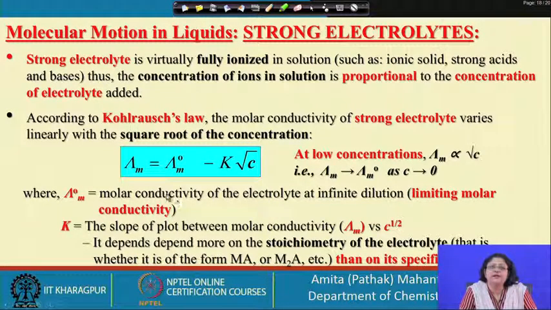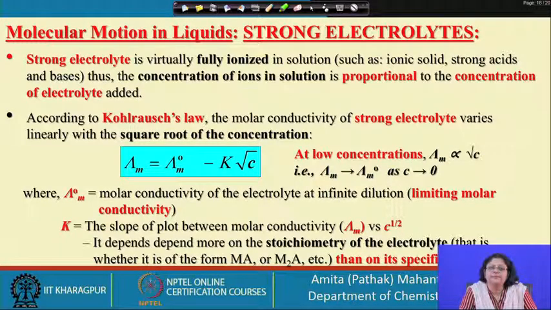Here you see, this is the molar conductance of the electrolyte at infinite dilution, that is also known as limiting molar conductivity.